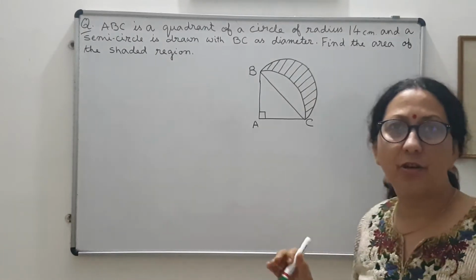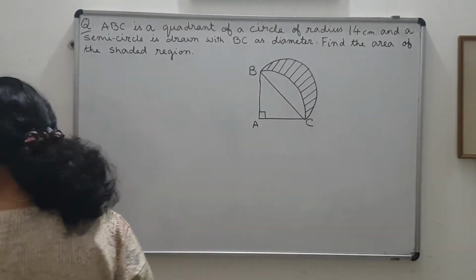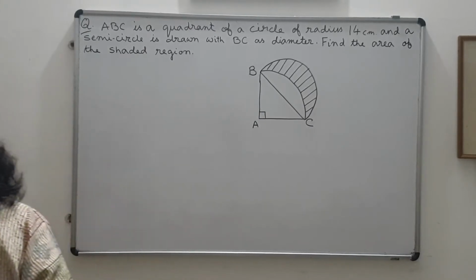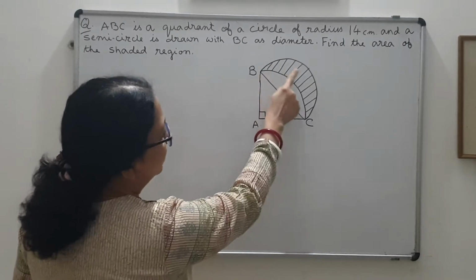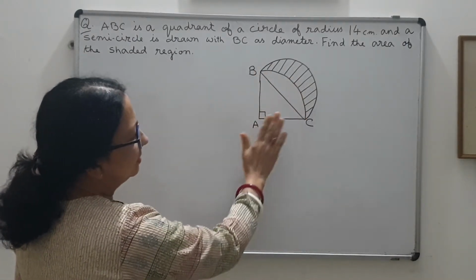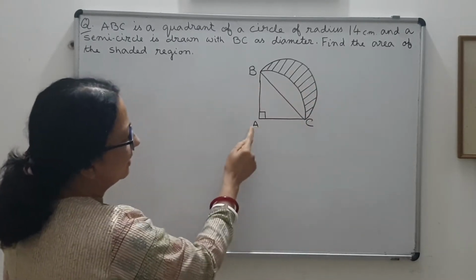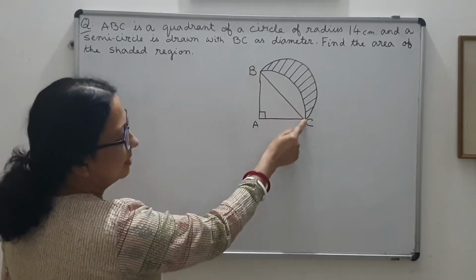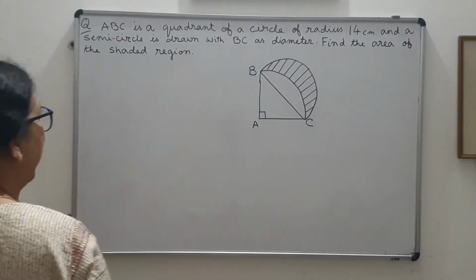So first let us observe how we can find this. If you notice, this shaded area is nothing but this total area minus this quadrant area that we have observed. So we'll be writing in this way.